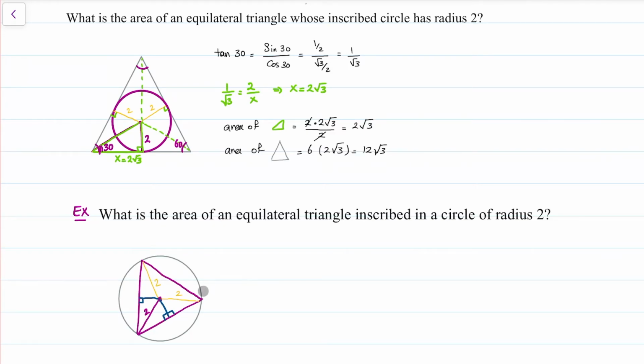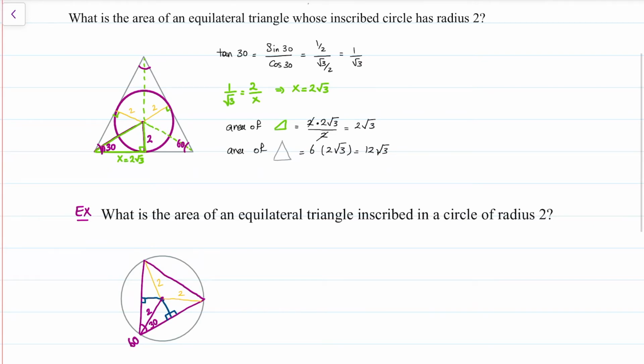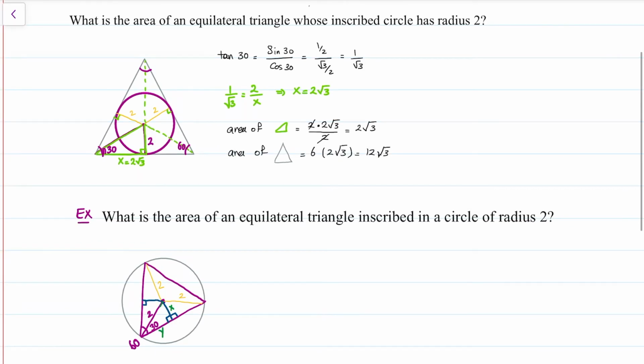Since the purple triangle is equilateral, the angle is 60, and based on high school geometry, I know that this triangle and this one are congruent, which means that all the angles are the same. So the angle here is 30 degrees, and I know that this side is 2. I need to find this height, let me call it x, and I need to find y, which is the base of this green triangle.